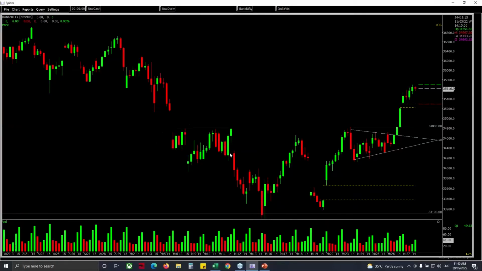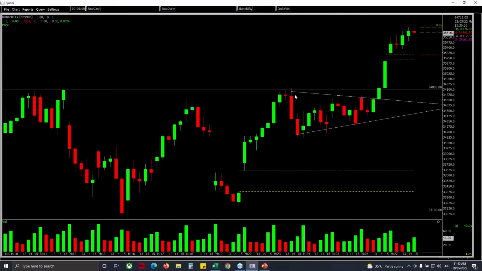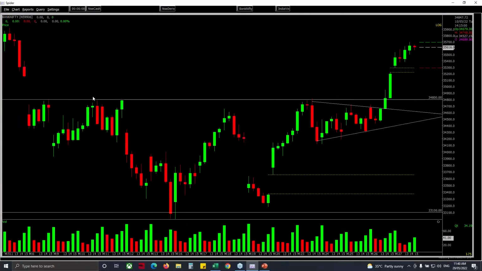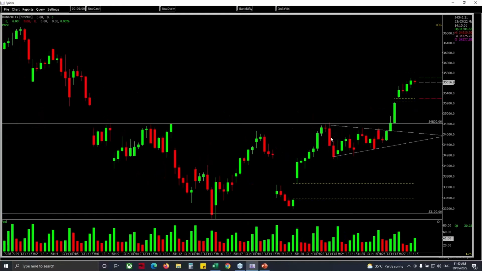Now one more thing that can be noticed is a triangular pattern was getting formed within the consolidation from the last two candles of 23rd May till 1 o'clock or the mid of the 26th of May.